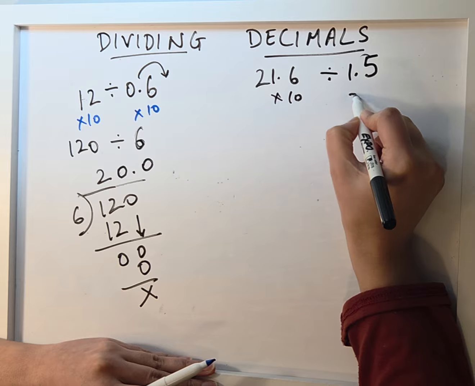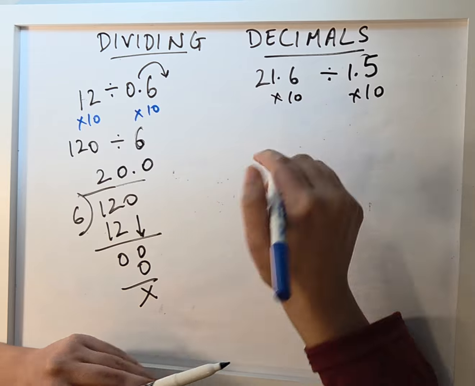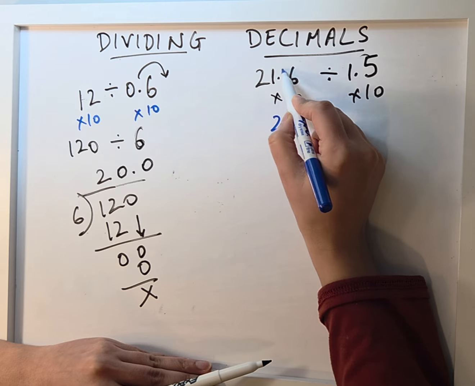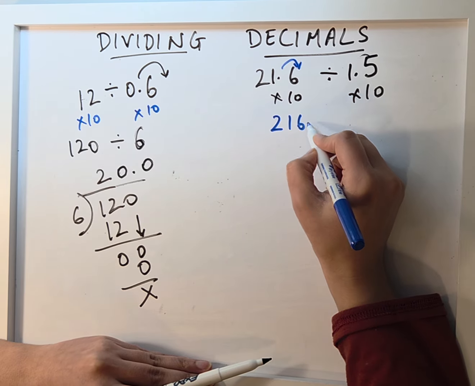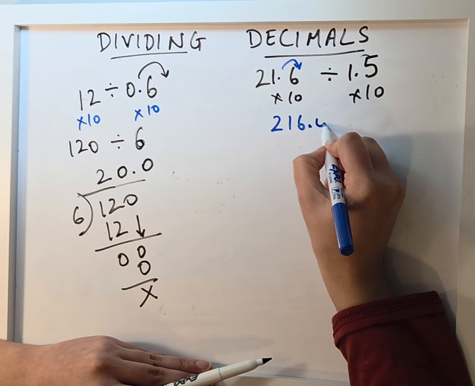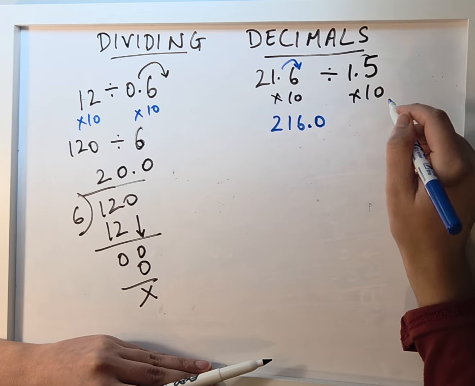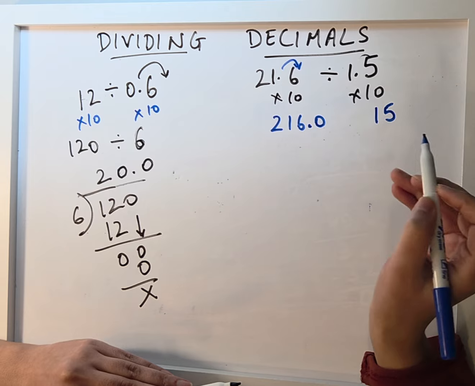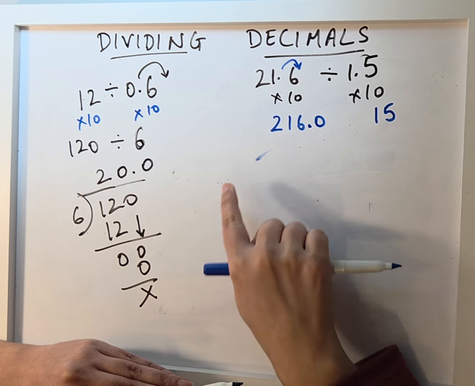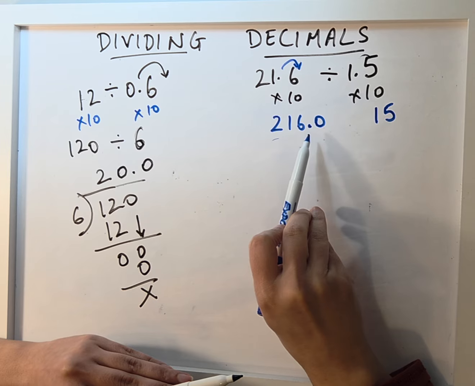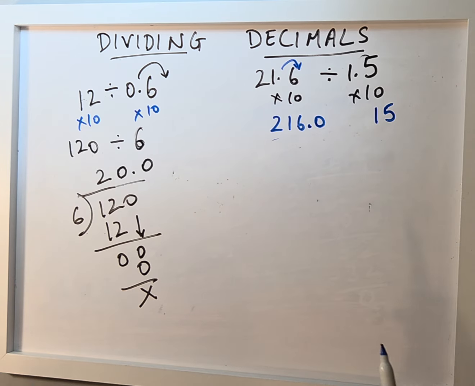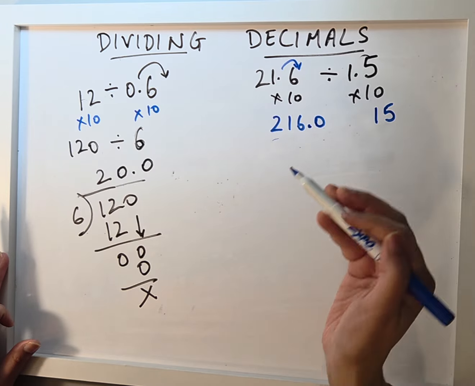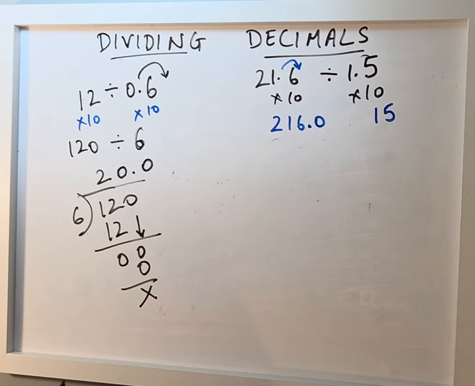So this becomes 216, or we can even say it becomes 216.0. And here we get 15. So either we can say it becomes 216 or 216.0. It's better to say 216.0, because if we need to divide, we will not get confused where to put the decimal. So what do I mean by that?